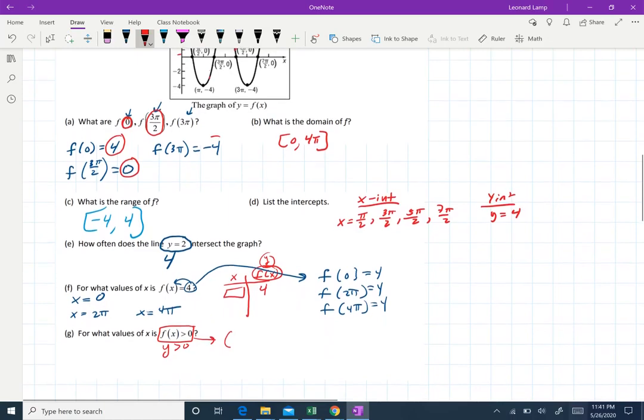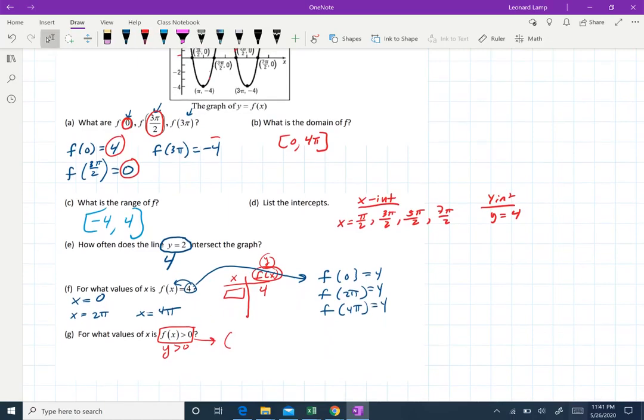So here's how I want you to interpret this. Anytime you see f of x is greater than 0 and it's asking for which x values, they want to know when is the graph above the x-axis. Okay, and now there's going to be intervals where that happens.